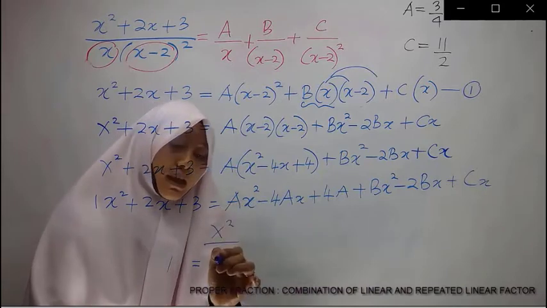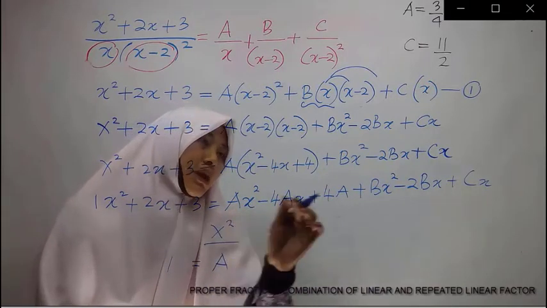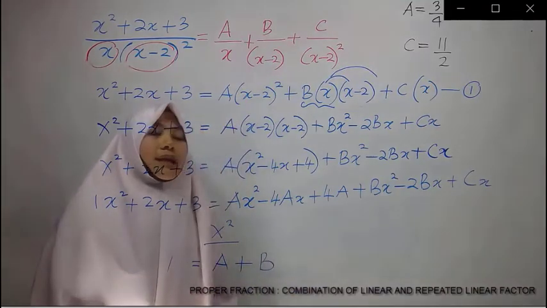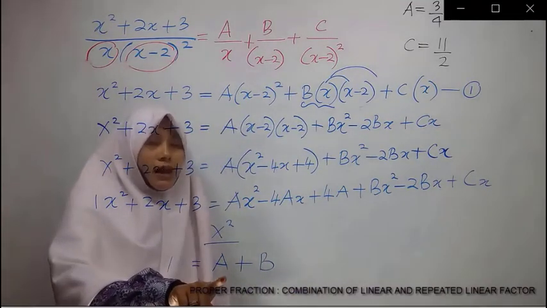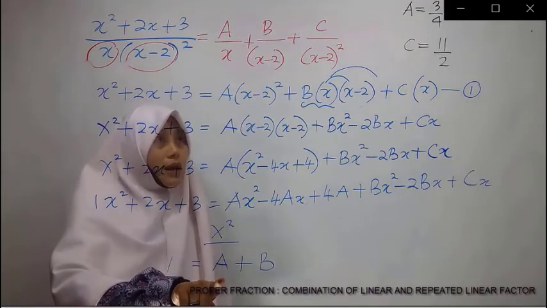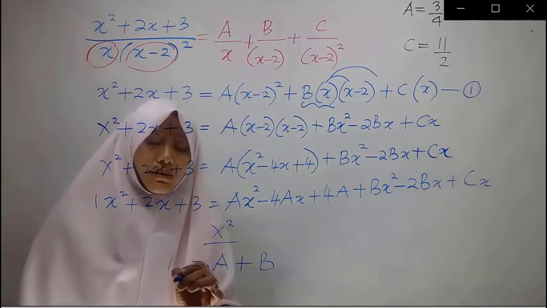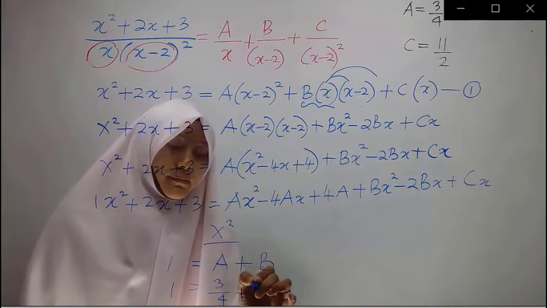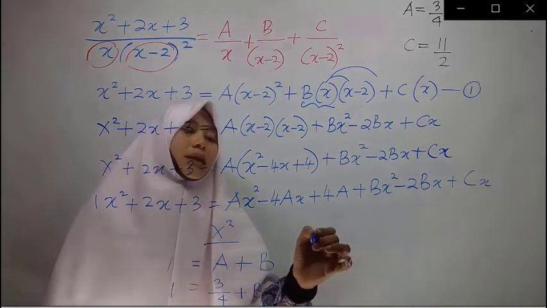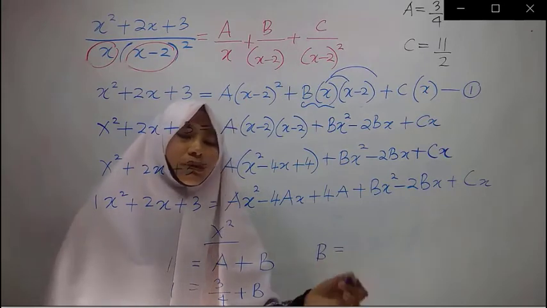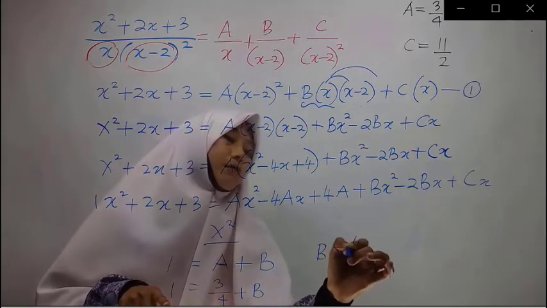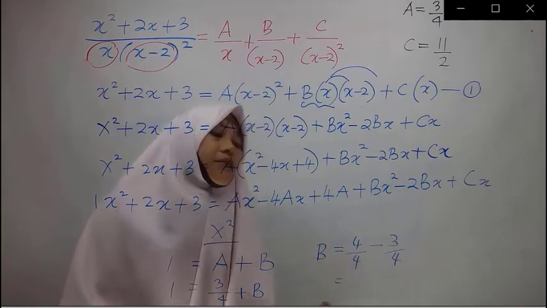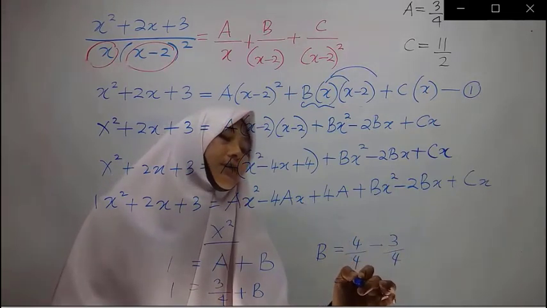That means we have A here and then we have some more here plus B. Now since we already know A value, substitute A equals 3 over 4 here. Now, B equals 4 over 4 minus 3 over 4. So we get B value is 1 over 4.